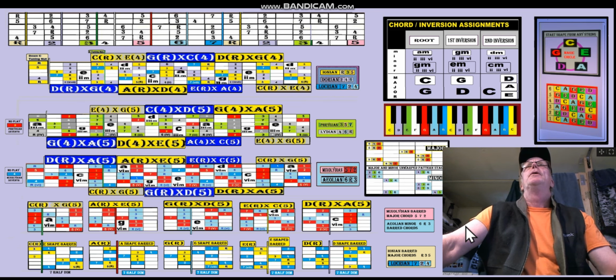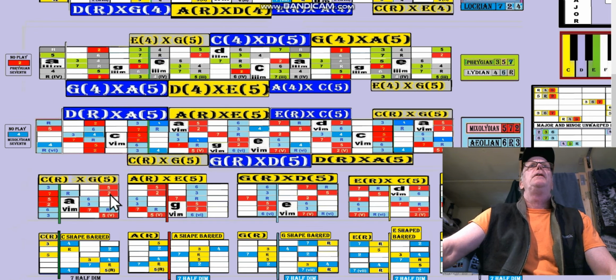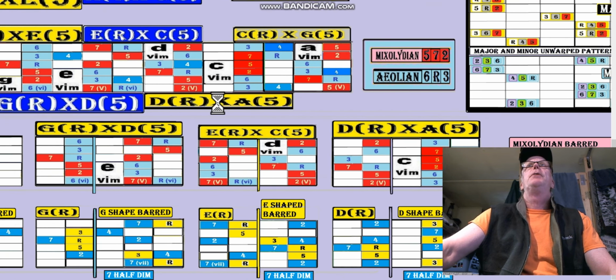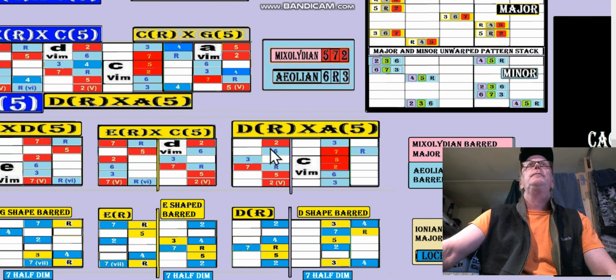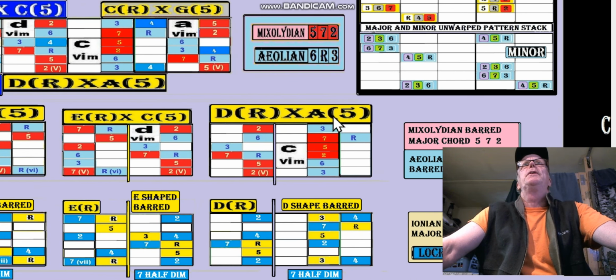So what I wanted to say was talking about that D. I want to zoom in on this part of the chart, actually the D part. Okay. So this would be where the fret nut is on the guitar, and this would be that little mini shaped D that you can play on the bottom.